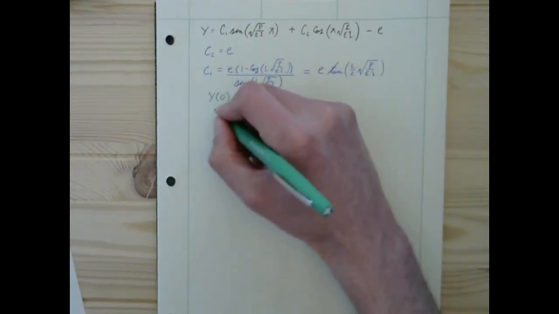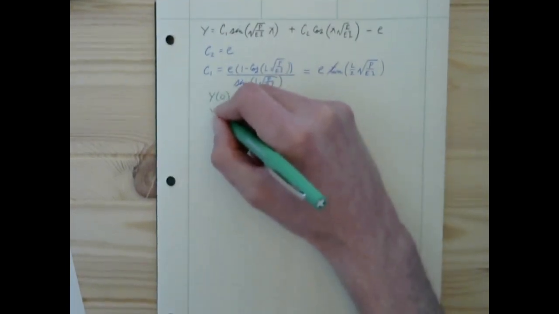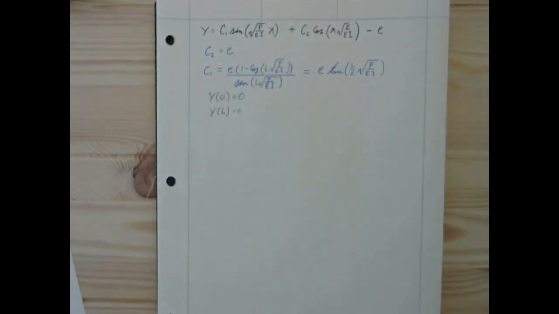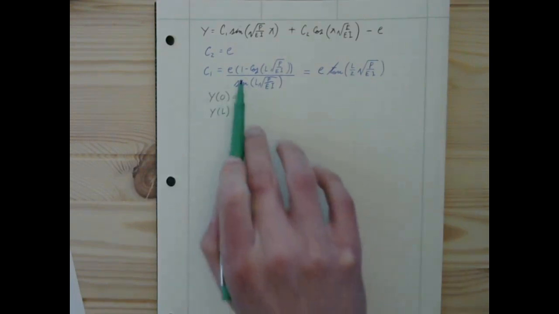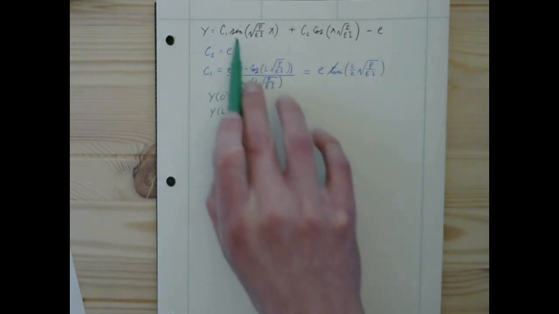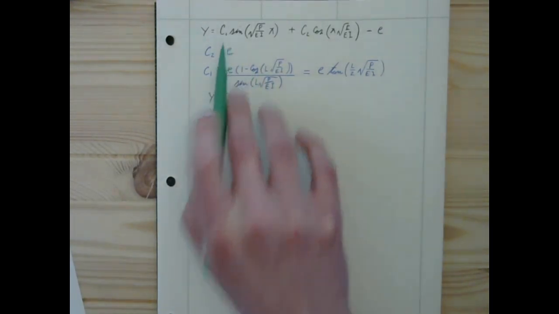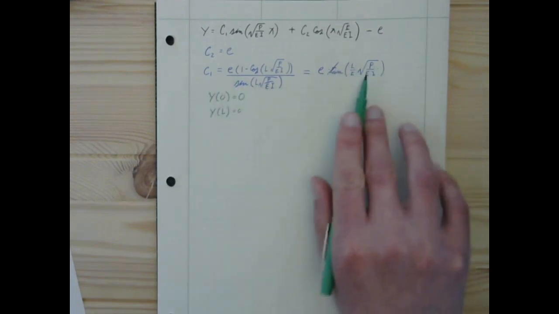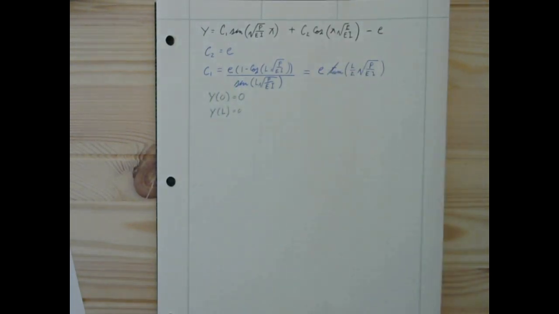We also are going to have that at L, the deflection has to be equal to 0, and in that case we're going to get some other, uglier things for C1. So that's going to end up being this tangent function here with the eccentricity on the outside.